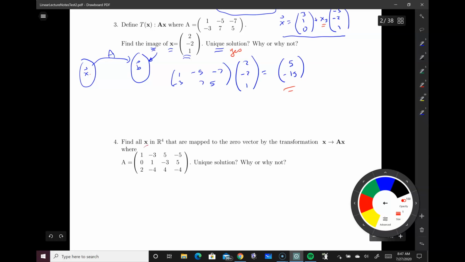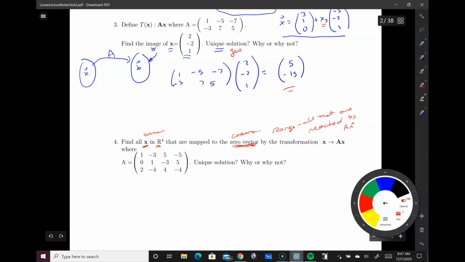So I want to find all the x's in R4, in the domain, right? All the x's that are in the domain that go to the 0 vector. So the 0 vector will be in the codomain, right? The codomain is everywhere you could possibly go to, so the 0 vector is actually in the range because we say we're going there. So the range is all that are reached by Ax.